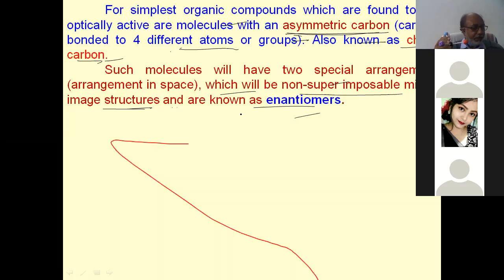Let us try. One molecule I take here, which was different from the other one, which was just the mirror image of the other. Yes or no? Yes, sir. Now if I want to make that one the same as the other one, I must break the bond. So I break these two bonds and change their positions. I break them, I change their positions. That means I again reset them.